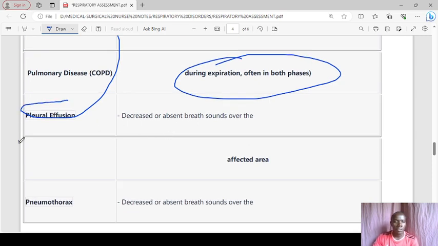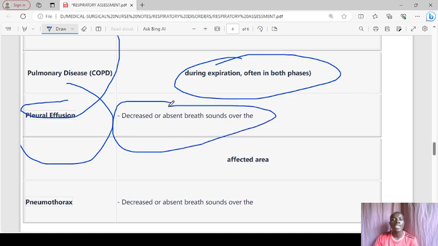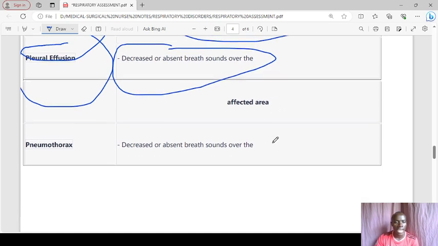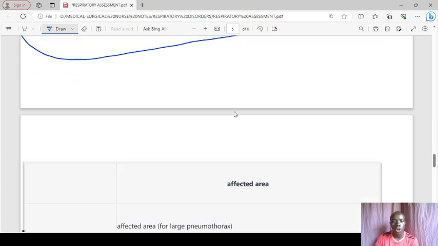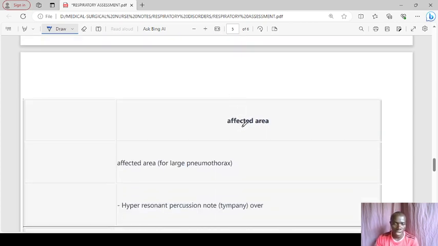Pleural effusion, this is decreased or absent breath sounds over the affected area. Then we have the pneumothorax. Pneumothorax, this is decreased or absent breath sounds over the affected area.